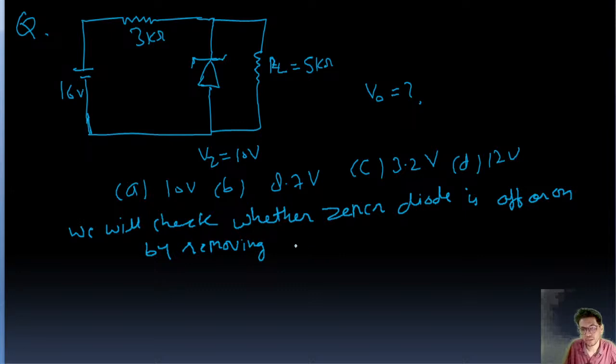Okay, by removing the diode. So we are going to check it, right? So we'll remove it. So I'll make a diagram in the next page after removing the diode.